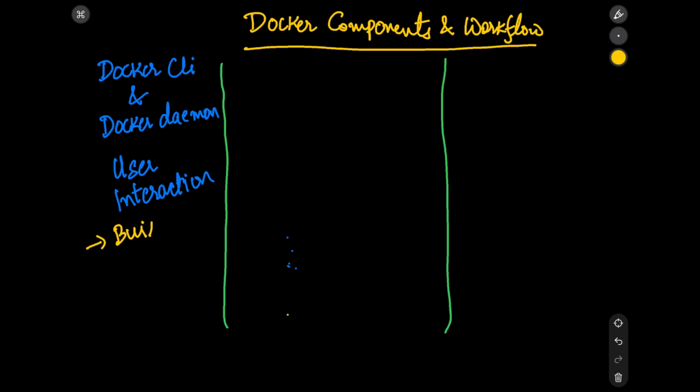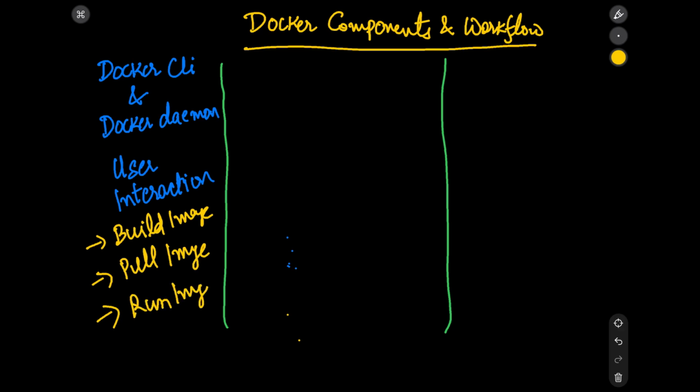When we need to create a Docker image, pull it from a remote Docker registry, or run a container, we will use the Docker command, which is the Docker CLI, and there is a backend process running, which is the Docker daemon. It listens to any commands coming from the Docker CLI, and then delegates all the requests to Containerd, which is our second component.